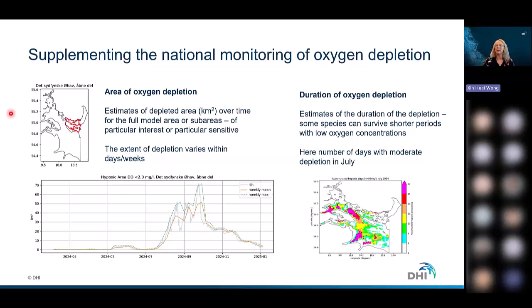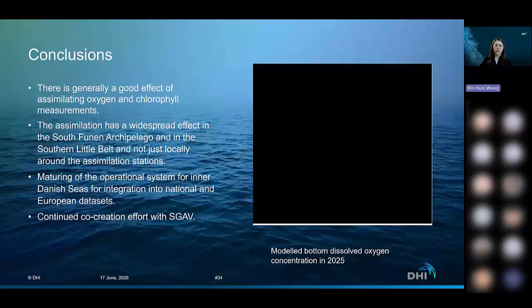And with this, I will hand over to Singwei again to wrap up. Yep. So thank you, Mybrit. With that, we have seen that there is a generally good effect of assimilating oxygen and chlorophyll measurements. The assimilation has a widespread effect in the South Funen archipelago and in the southern Little Belt, and it's not just locally around the assimilation stations.